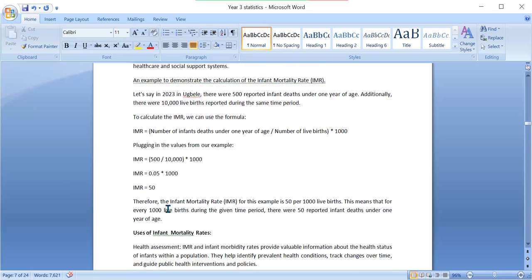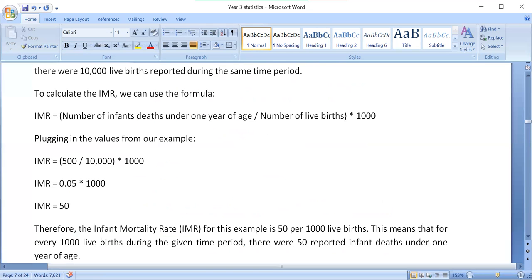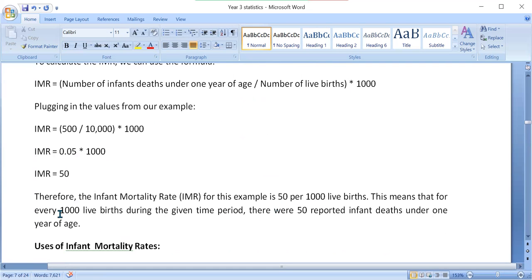Therefore, the infant mortality rate from this example is 50 infants dying per 1,000 live births. This means that for every 1,000 live births during 2023, there were 50 reported infant deaths under 1 year of age.